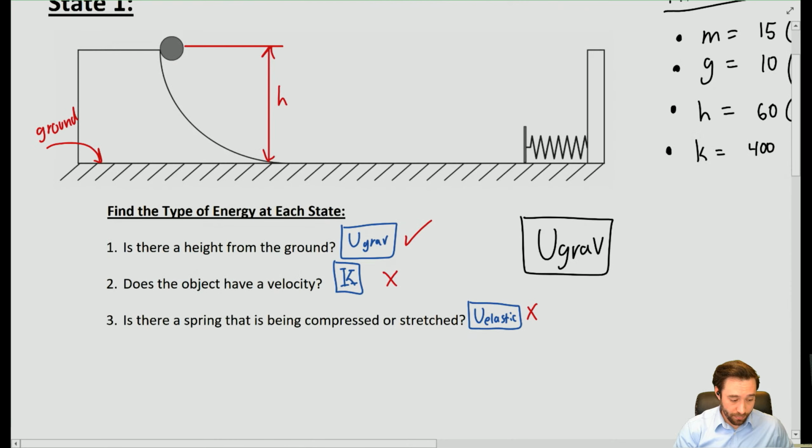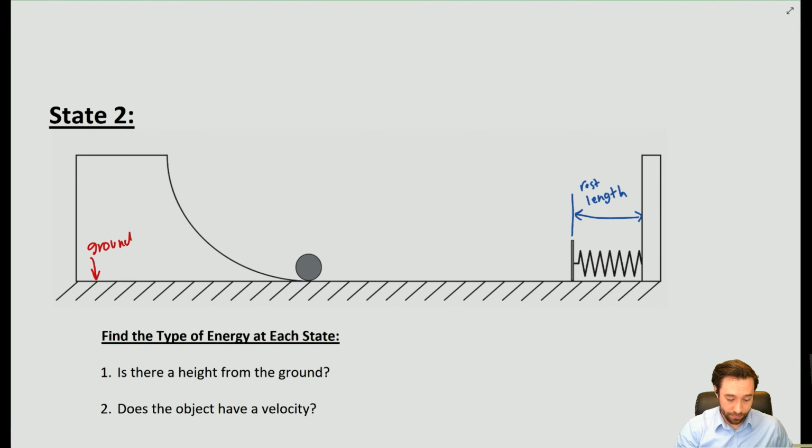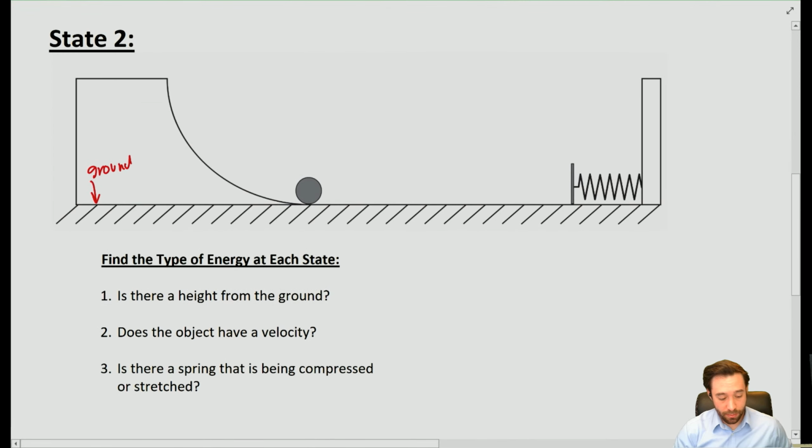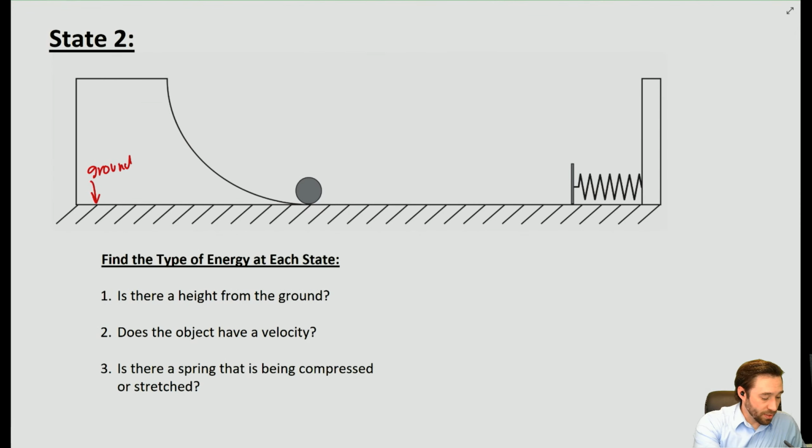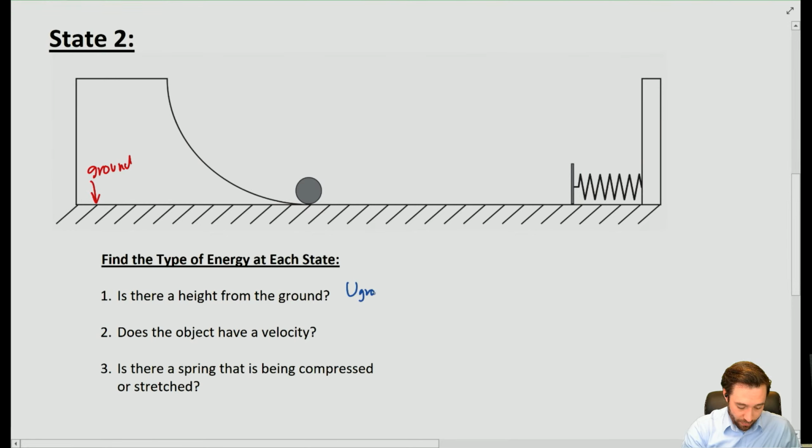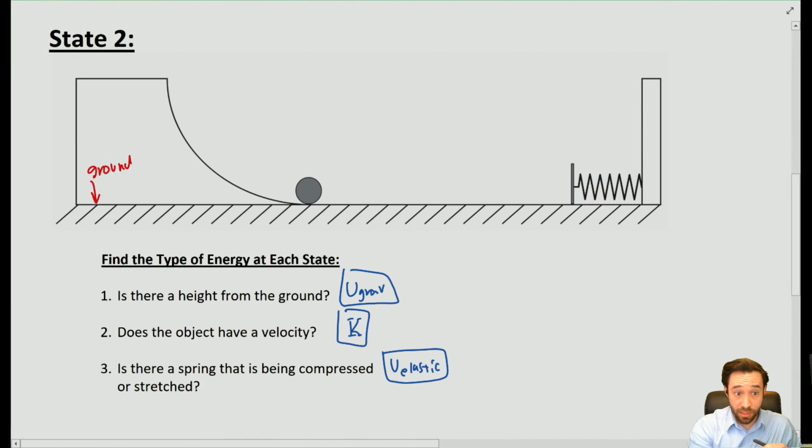State 2 is right here, so we ask ourselves those 3 questions again: U grav, kinetic, and U elastic. Depending on how we answer these questions, that'll tell us what type of energy is present.